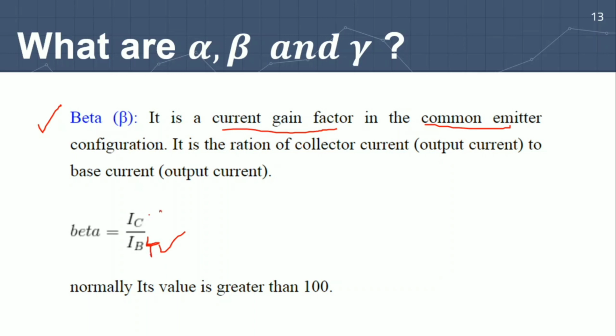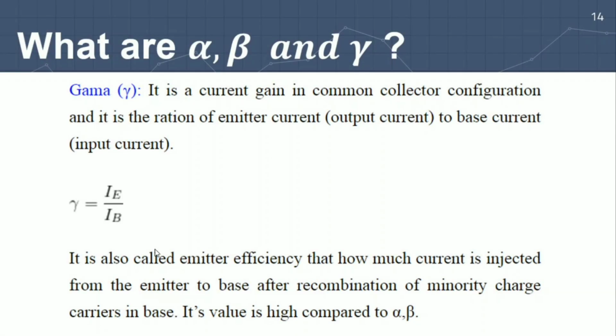So what is the output current IC? When you give a certain amount of IB, it is calculated with the help of beta. Normally its value is greater than 100. Here IC is the output current, IB is the input current.